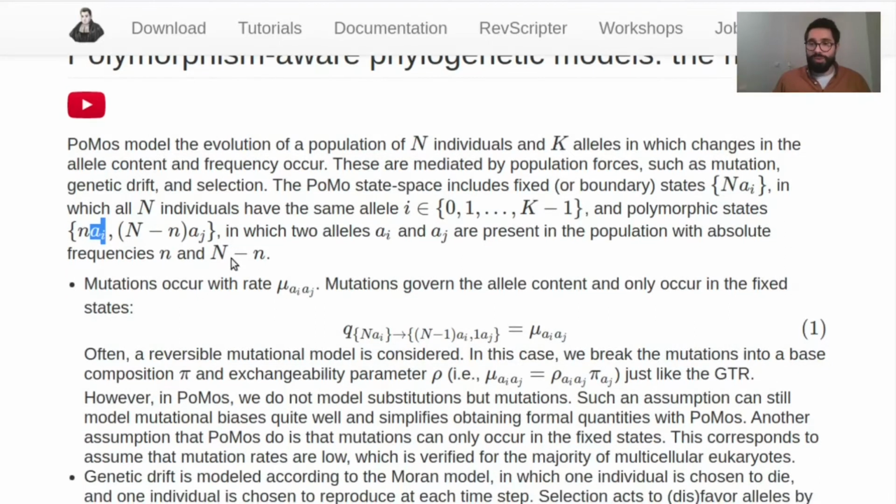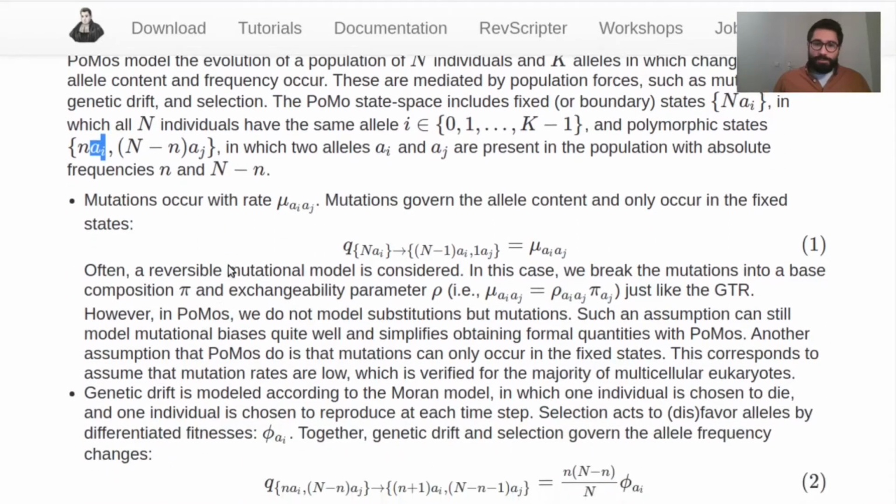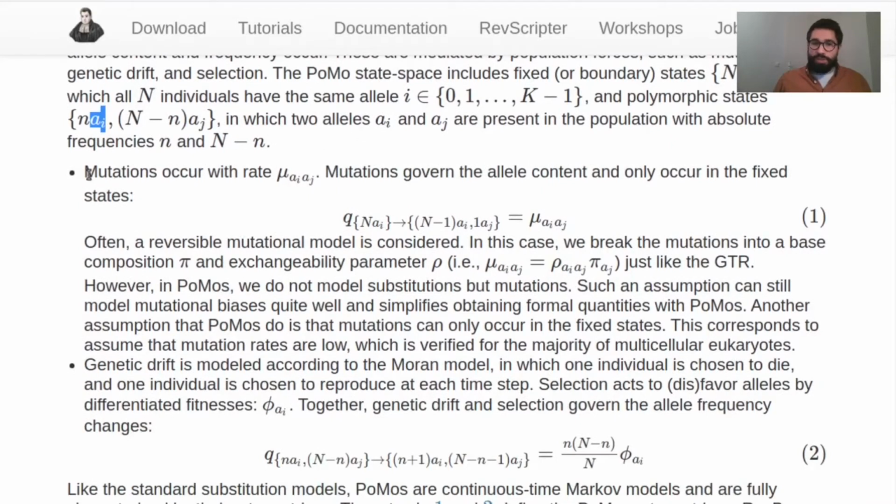But how do we do that? So essentially, we use population processes to allow state changes. And one of such processes are mutations, of course. And the mutations we represent using the parameter mu. So as you can see here, this is Q, an element of the POMOs rate matrix.